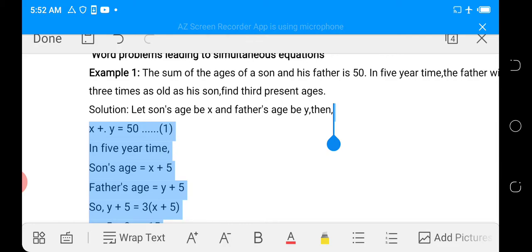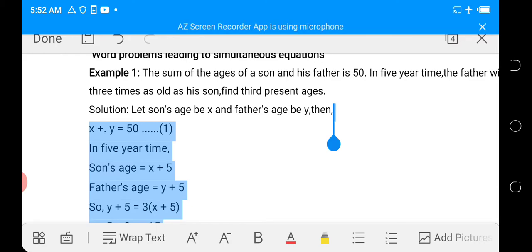In this example, the son's age is represented with letter X and the father's age is represented with letter Y. Then the first sentence will be written down mathematically as X plus Y is equal to 50. That is the sum of the age of the son and the age of the father equals 50.